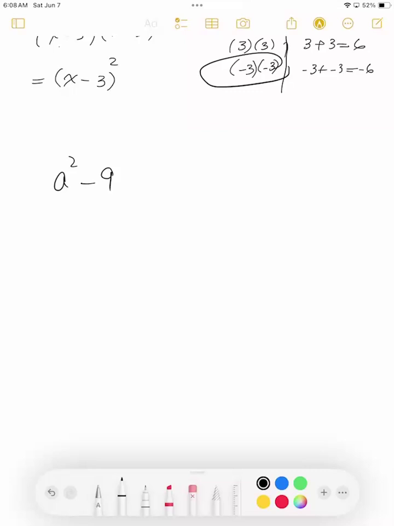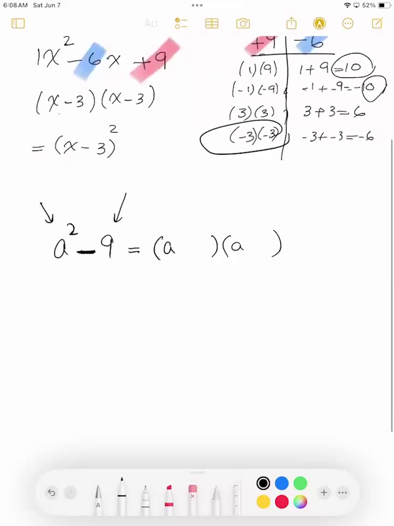The way this one works, if you know the square root of 9, if there is a subtraction between the two terms, and this number here is even, like 2, 4, then you can factor this and write it as a and a, just like here.